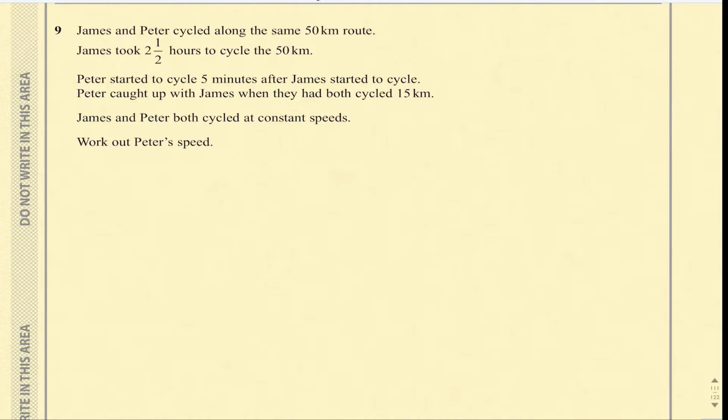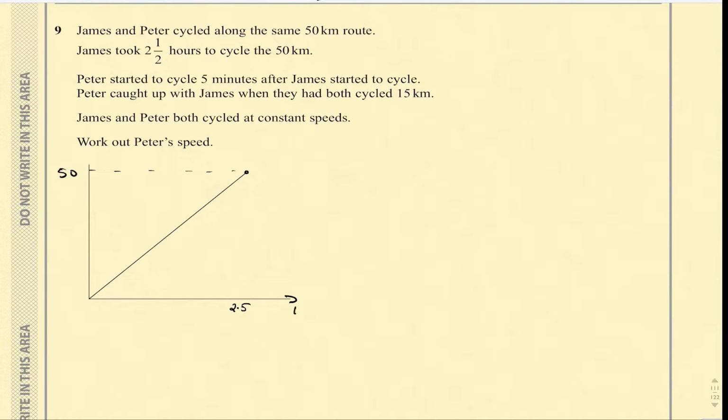Right. It might be a good idea to quickly think about this in a graphical sense. You don't have to do this, but I decided to. If that was 50, maybe I want to just have a point there. And this is James going there and that point is 2.5 hours.